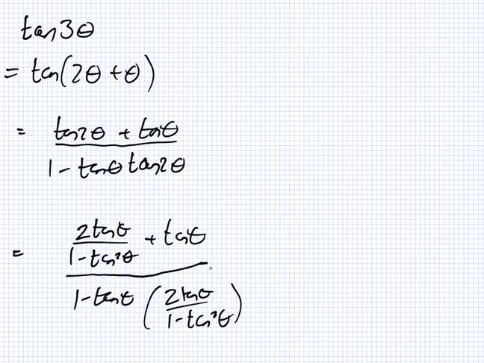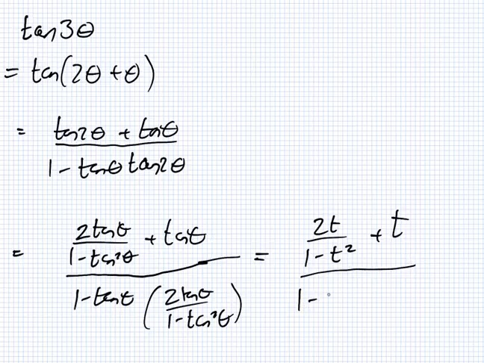Now to make this a little bit cleaner, I'll replace tan theta with t. So this would be 2t over 1 minus t squared plus t, all over 1 minus t times 2t over 1 minus t squared, just to make it a little easier to write.